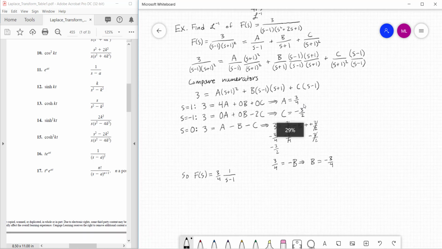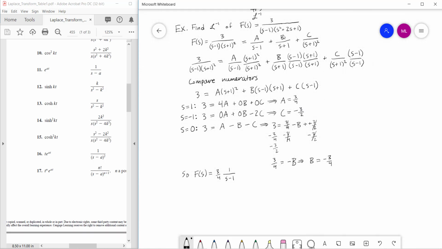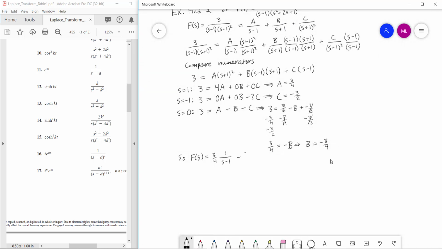The next one is b over s plus 1. b was -3/4, so I'm going to get minus 3/4 times 1 over s plus 1. And then the last term was c over s plus 1 squared, and c was -3/2. So let's do -3/2, 1 over s plus 1 squared.